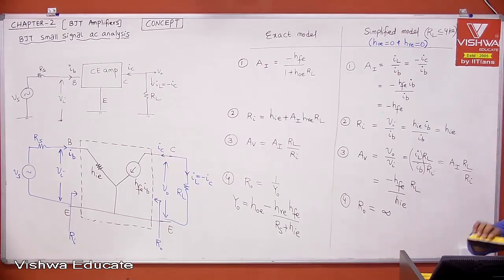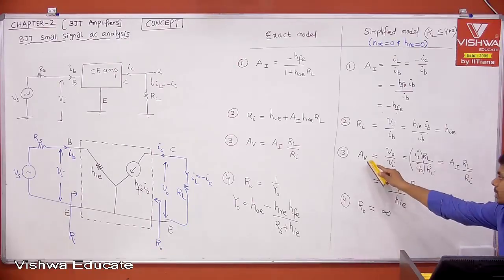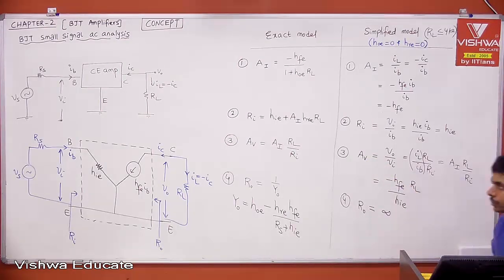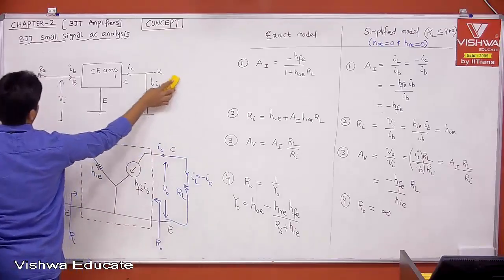Okay. Now write down the next continuation part under the simplified model, which is voltage gain stability. Write down voltage gain stability. The heading is voltage gain stability.